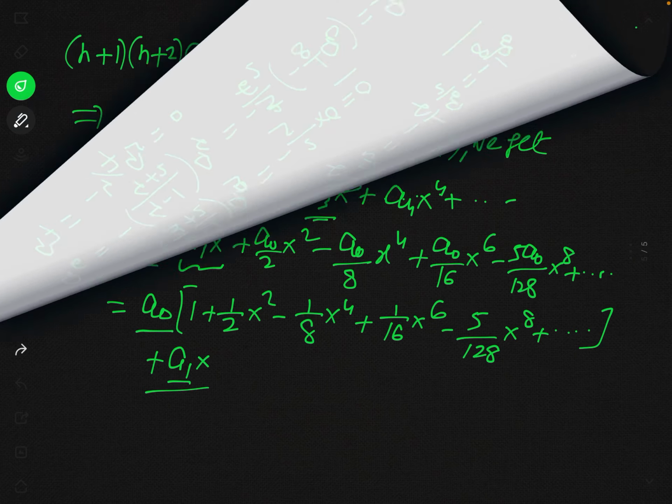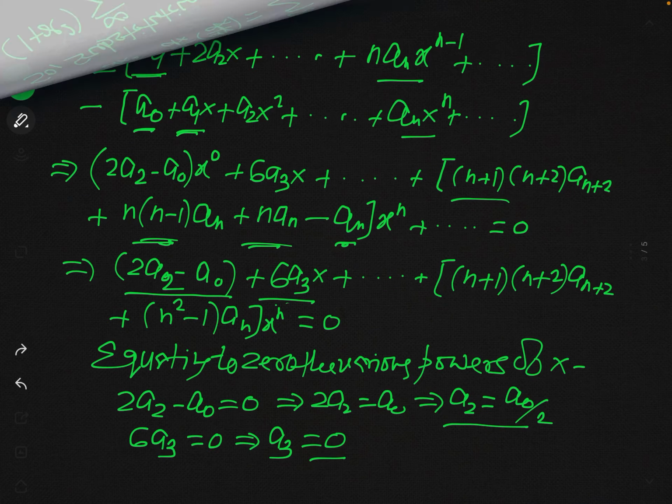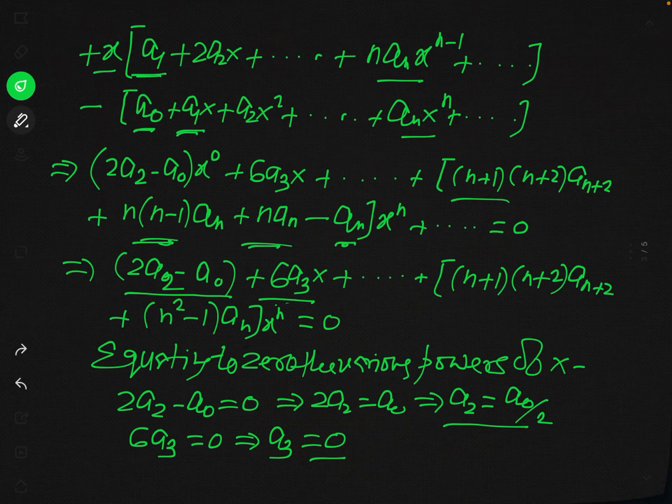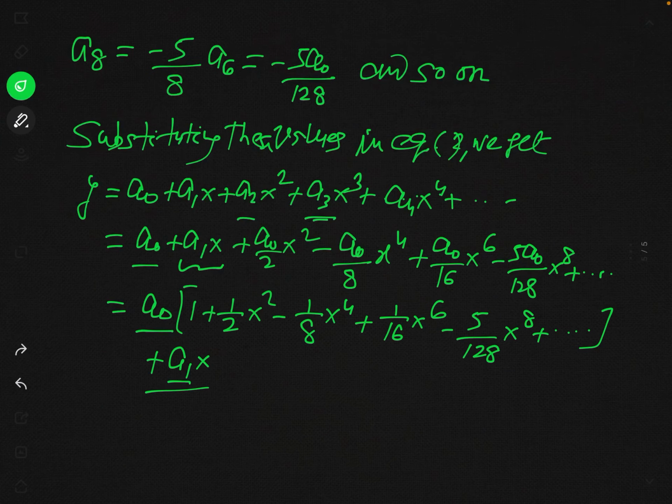Now we will see the solution of the second equation, which I have mentioned here. This is y double prime plus x square y equal to 0. So now let us see the solution of that equation. Number 2.